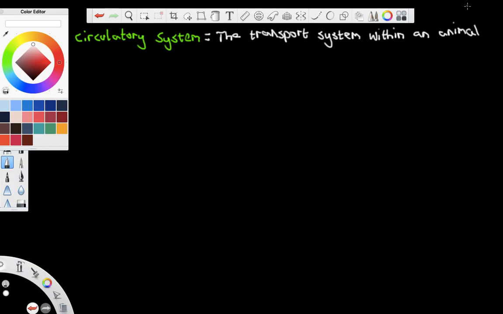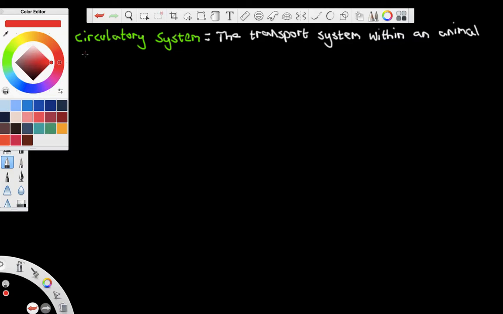Now, these can often be referred to as mass transport systems. So if you're asked in an exam to talk about mass transport systems, they're asking you to talk about circulatory systems. They're called this because they transport lots of substances around animals.